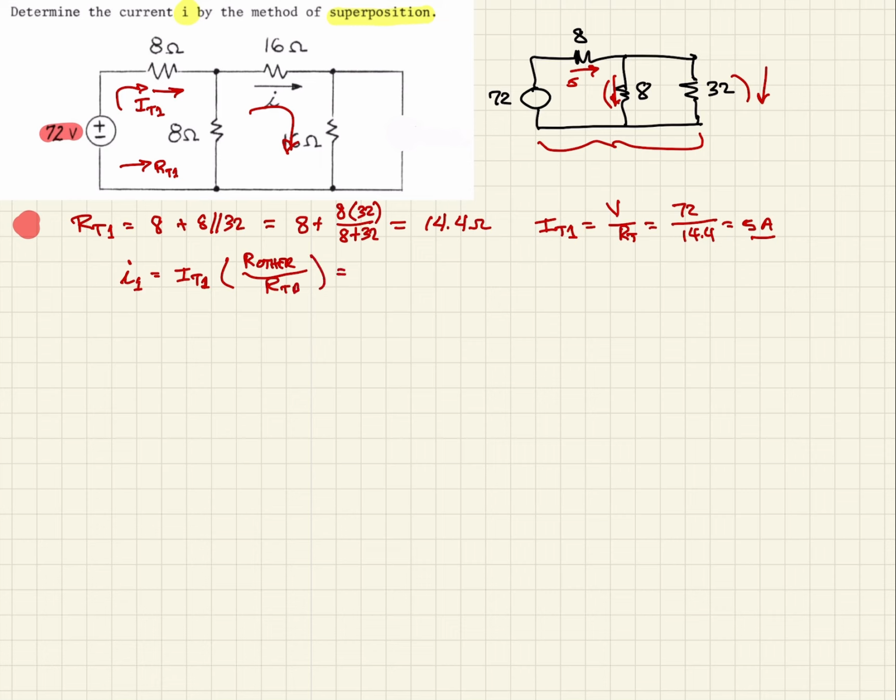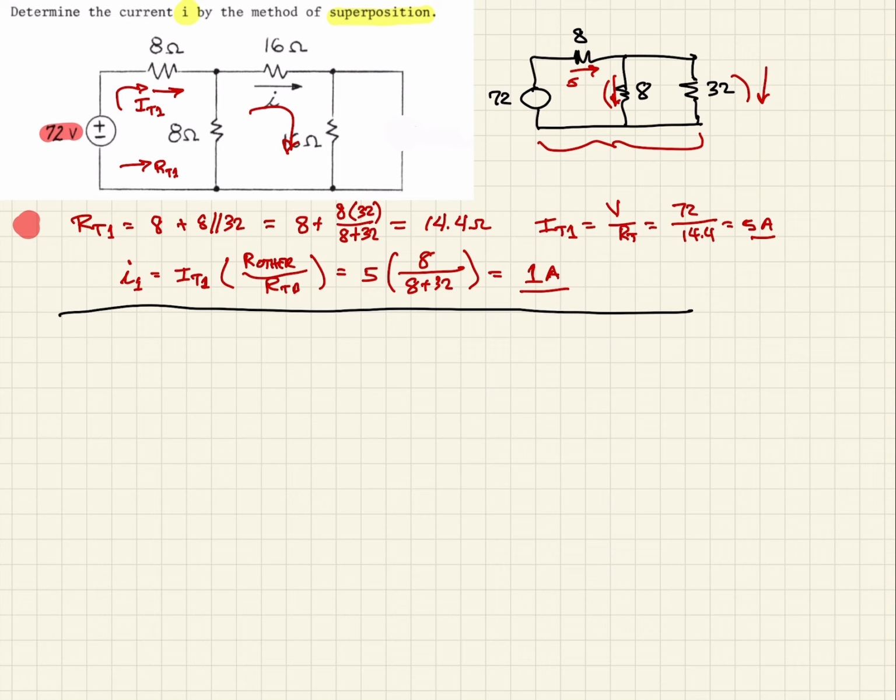And so in this case, that's going to be 5 amps times 8, the other branch, over 8 plus 32. We want the resistance for both branches in the bottom. And so when we calculate that, that turns out to be 1 amp. So that's our contribution from the first source. So we'll draw a line here.